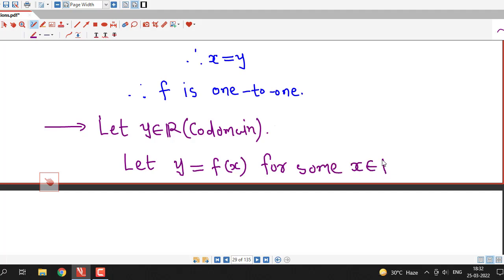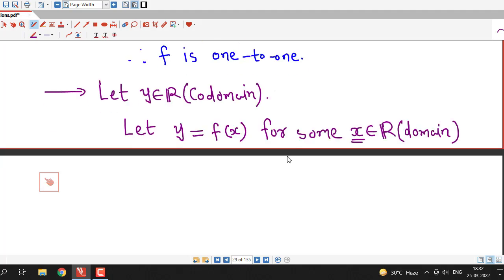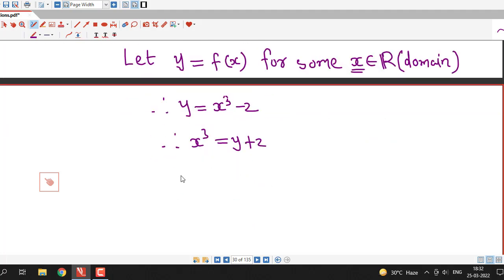So first we assume that suppose y equal to f(x) for some x in the domain, and if this is true we will be able to find out the value of x in the domain such that y equal to f(x). Therefore y equal to f(x) is given by x cube minus 2, therefore x cube will be equal to y plus 2 and hence x will be equal to (y plus 2) raised to 1 by 3.